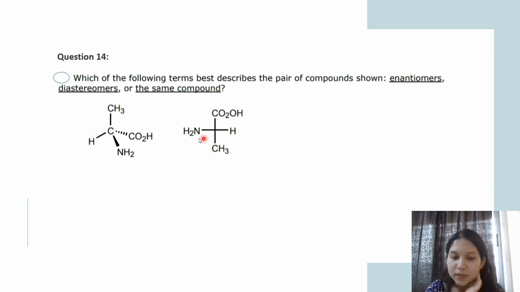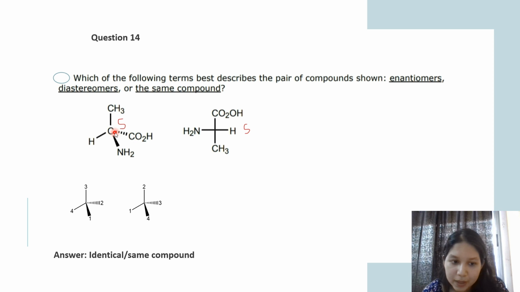Okay, both the compounds contain similar substituents, but we have to identify whether these substituents are placed in the same orientation or in a different orientation. And if we notice the orientations, will these compounds be the same compound, or will these be mirror images? And if they are mirror images, then will those be superimposable or not? So for that, let us try to assign the configuration to both the compounds. Okay.